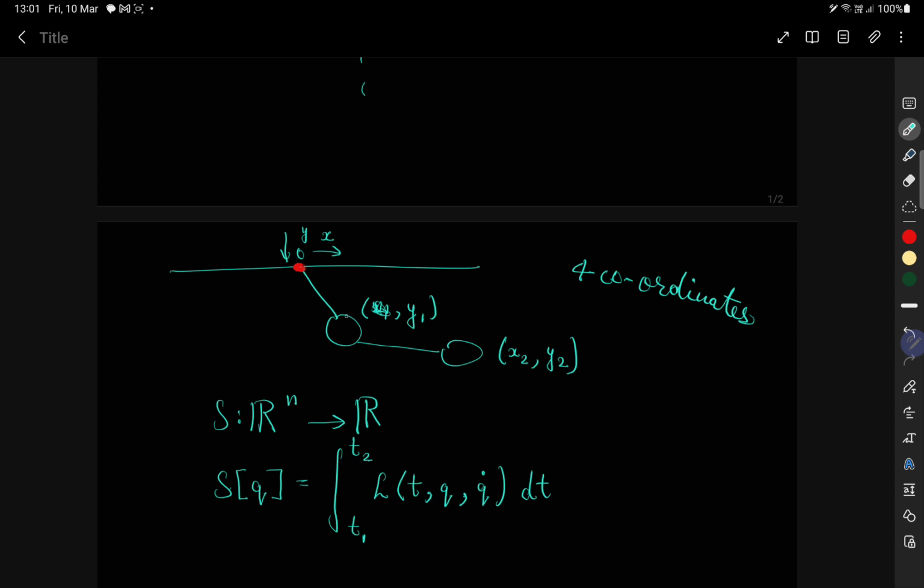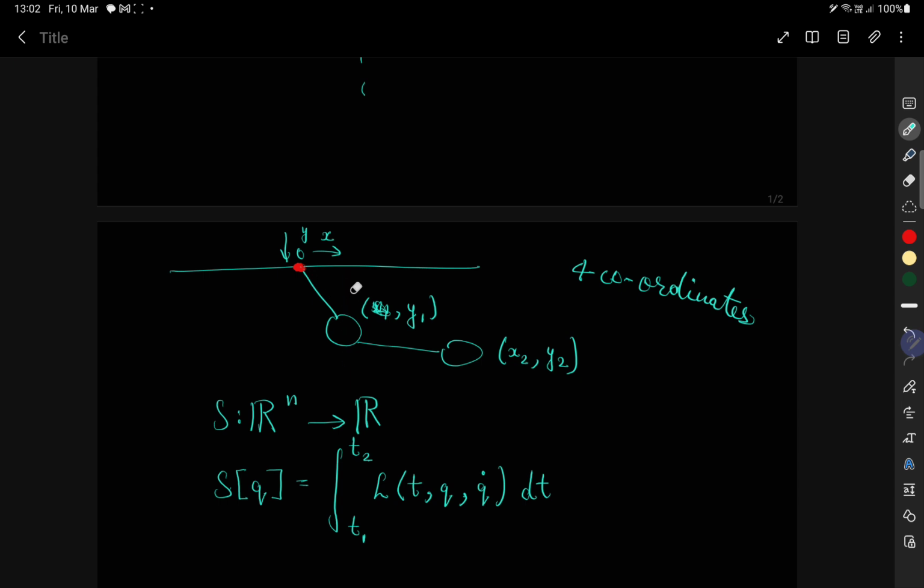So I can't really move this pendulum up and down because x1 has to be fixed, and the only other degree of motion left should be y1. But since this is a pendulum of fixed length, I can't really move this system up and down.